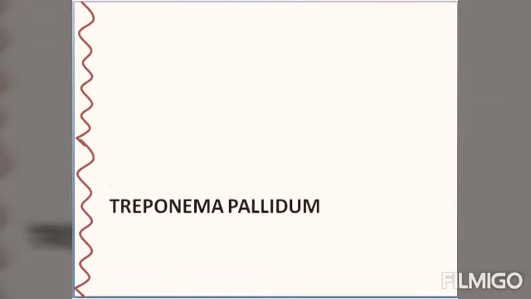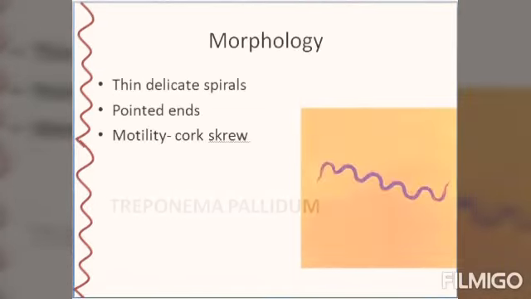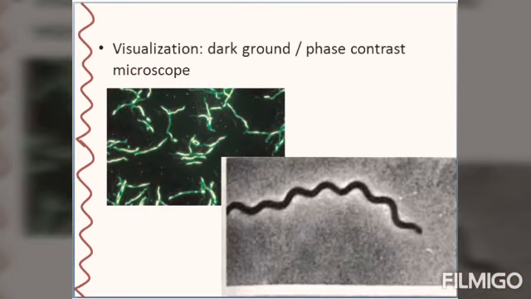About Treponema pallidum, the morphology is a thin, delicate spiral structure with pointed ends, and it has corkscrew type of motility. It can be visualized only under dark ground or phase contrast microscopy. It can't be seen under the ordinary microscope.